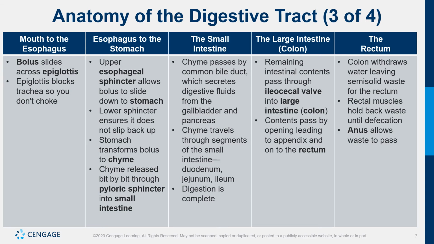As the waste passes through the colon, water and salts are slowly absorbed from the waste, and the waste, as it becomes more solidified, enters the rectum. It stays in the rectum until it is ready to be expelled. The rectal muscles hold back the waste until you are ready to defecate, and then the muscles in the anus allow the waste to pass. Or in other words, you poop.